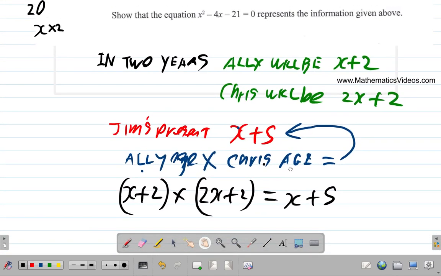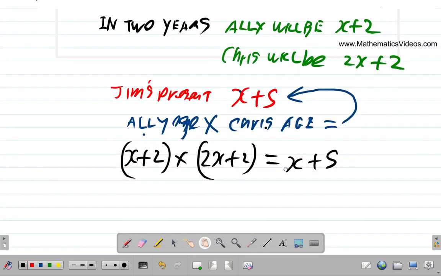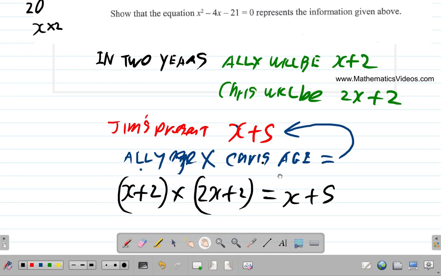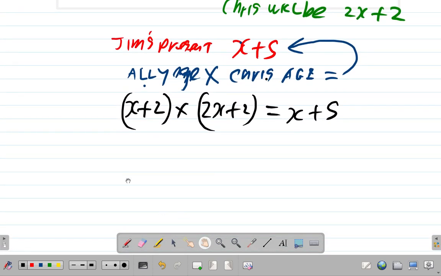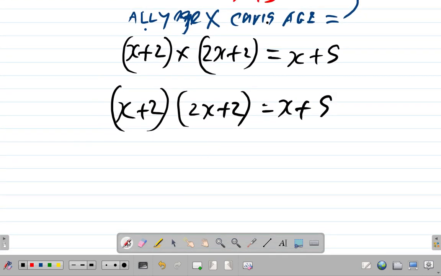Now, you're going to expand the bracket. Now remember I said, you must get x squared minus 4x minus 21 equals 0. So let me see if we get that. Alright, what do we have? We rewrite it like this. X plus 2 times 2x plus 2 equals x plus 5. We can multiply each term in one bracket by each term in the other bracket.